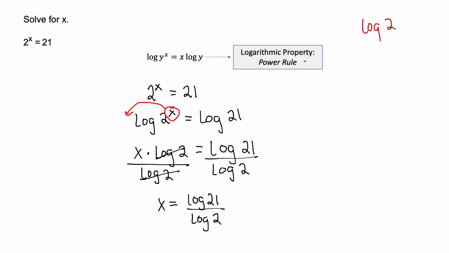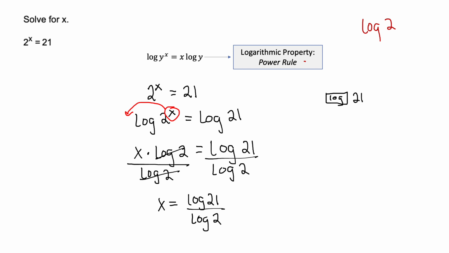Now we're going to do this calculation using your calculator. So on your calculator, you should have a button that says LOG. So first you'll take your calculator and select the log button, and then you'll type in 21. So log 21.